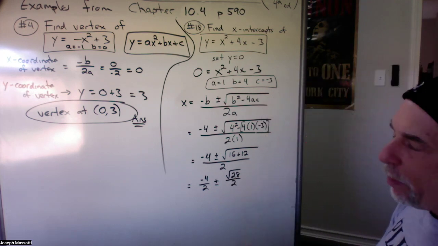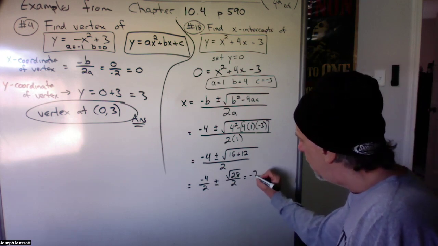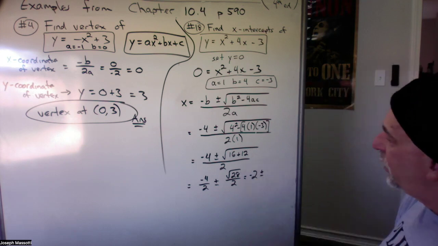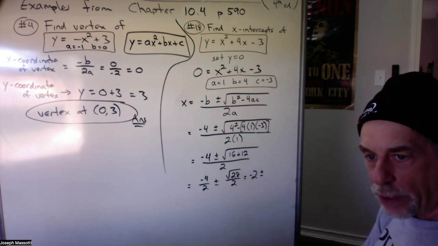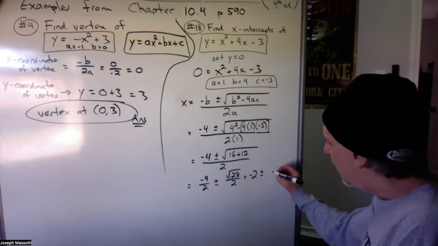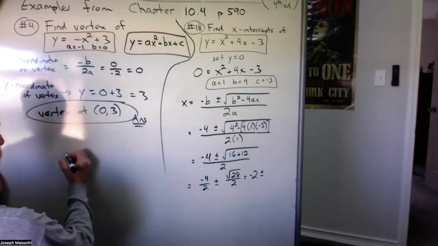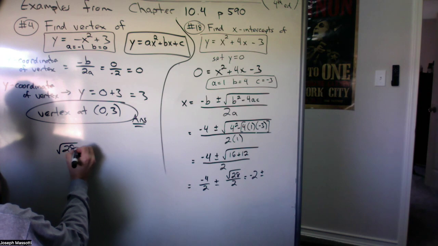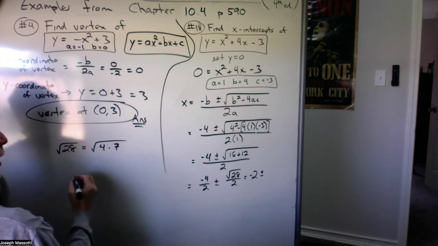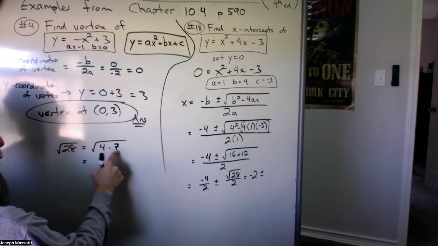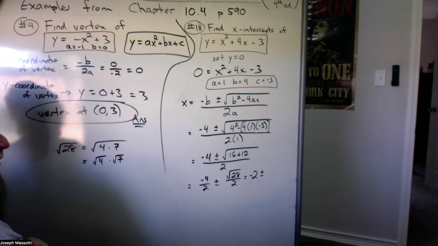And we always want to simplify as much as possible. So when we get this -4 over 2, we can just say that's -2. And we want to simplify that radical if we can. If we can find a factor of 28 that's a perfect square, such as 4, 4 times 7, we can write, if we go over to the side here, we can see that we can reduce the square root of 28 by looking at it as the square root of 4 times 7, because we know that when we have the square root of a product of 2 values, we can split that up into the product of those individual square roots.